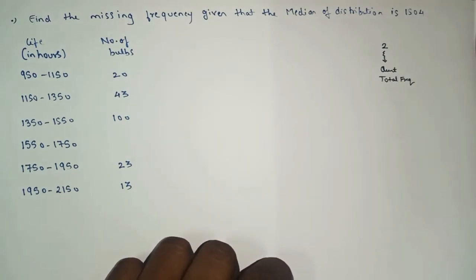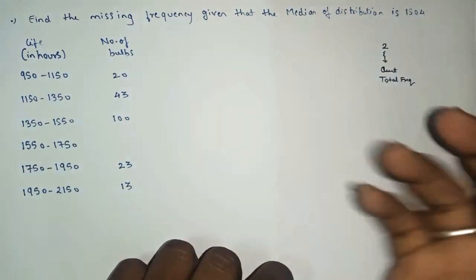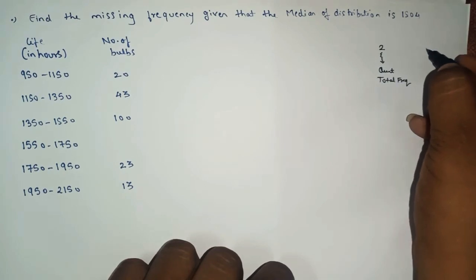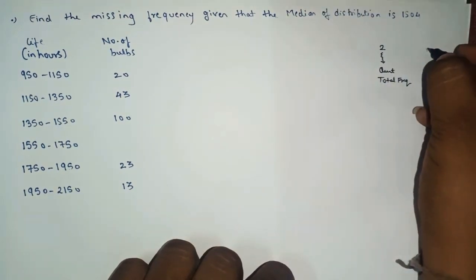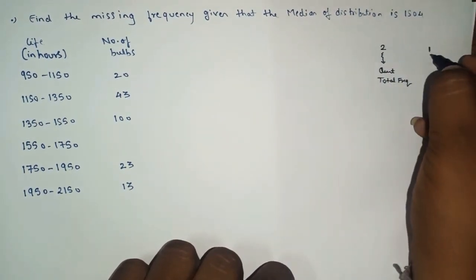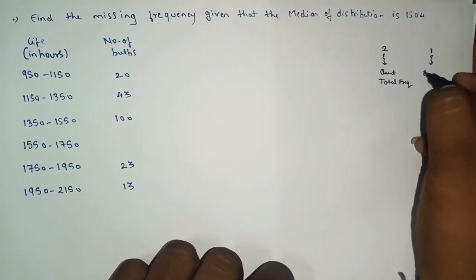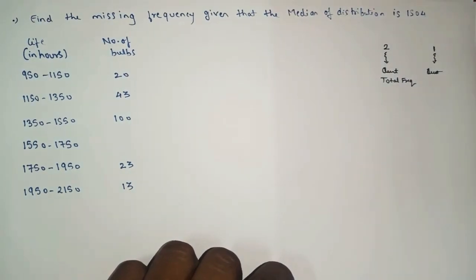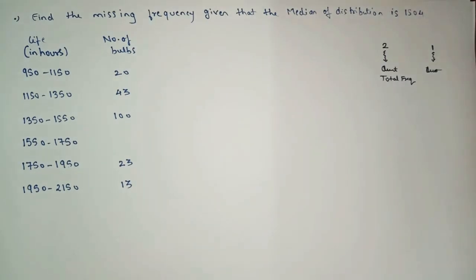And whenever one frequency is missing, then we require only the values of quartiles. If we don't have the total frequency, then also we can find our answer. So this is the difference.